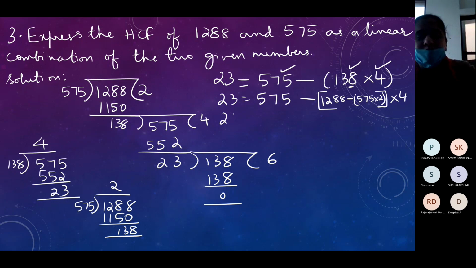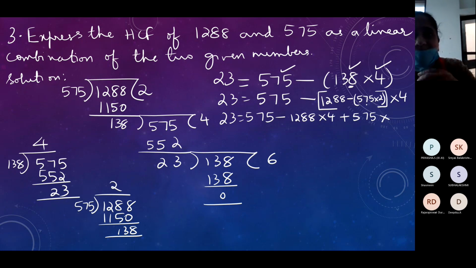How to simplify? 23 is equal to 575 minus, you need to multiply, no? 1288 into the 4, which is outside, minus into minus plus 575 into 8. Now the question is, should this 4 outside be multiplied with 575 or 2? Multiply 4 with the quotient, not the divisor.